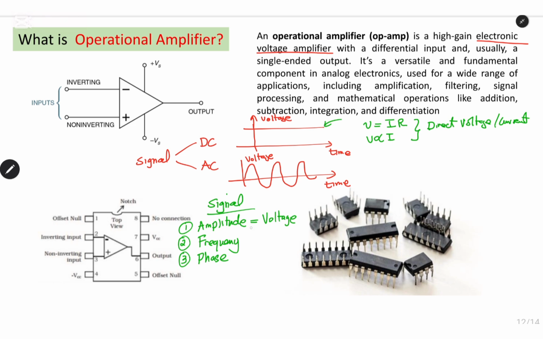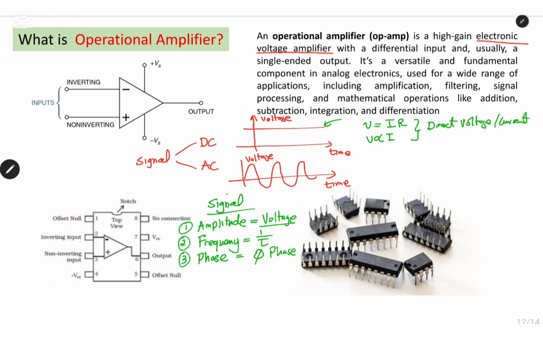So when we speak in terms of the voltage, we mean the amplitude, and the voltage is proportional to the current. And we have the frequency. The frequency is described in terms of a signal as the inverse of the period. The phase is described as the shift in a signal.